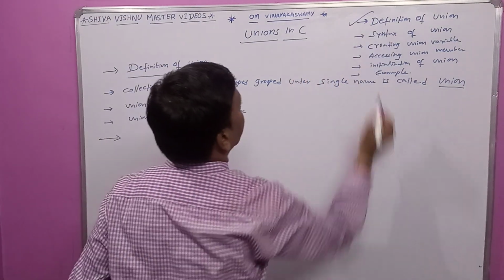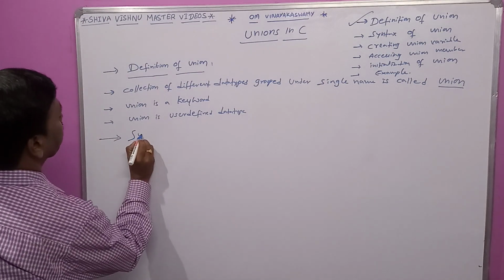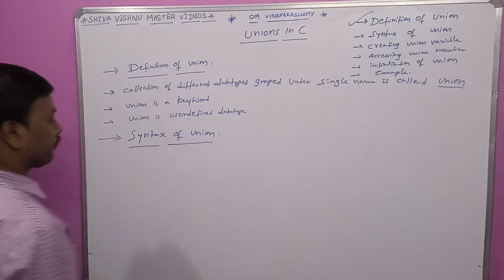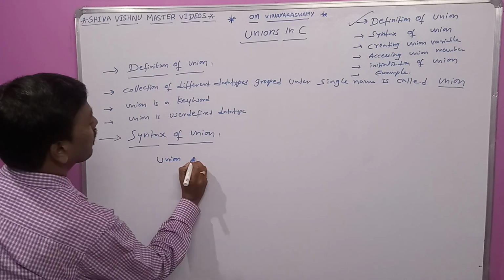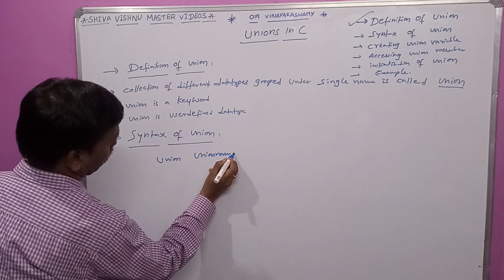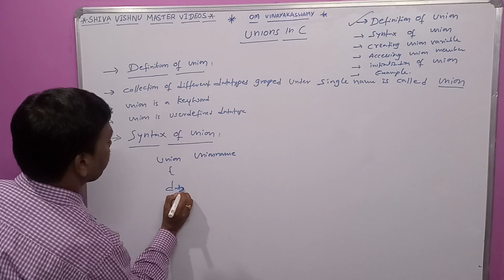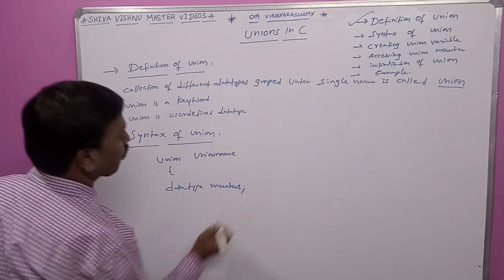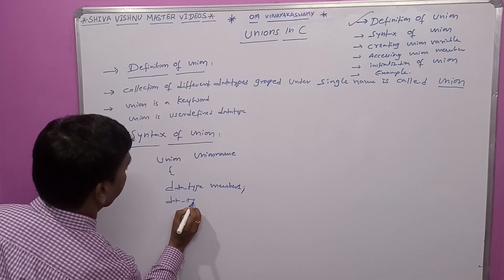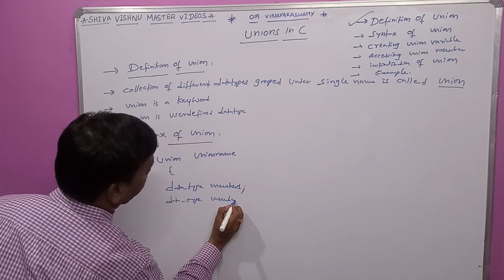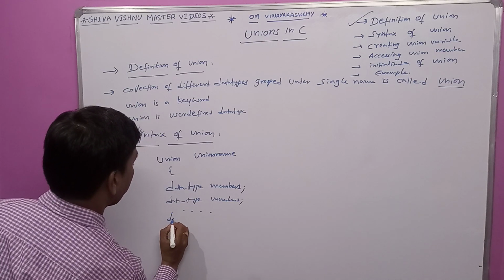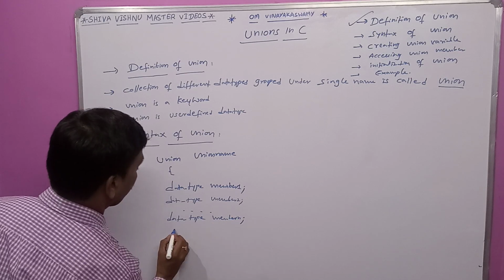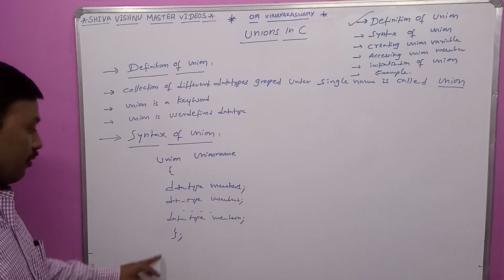Next, syntax of a union. union name, open brace, data type member 1 semicolon, data type member 2 semicolon, data type member n semicolon, close brace, semicolon. The semicolon is compulsory.